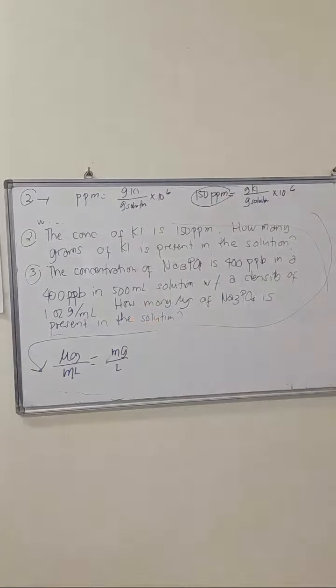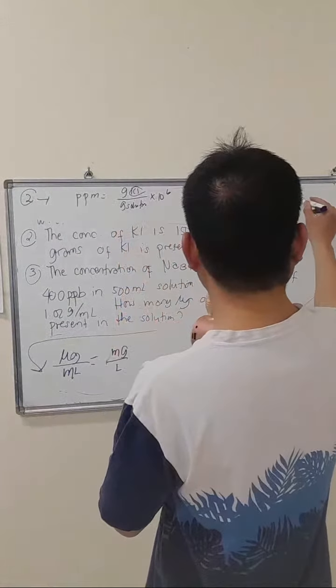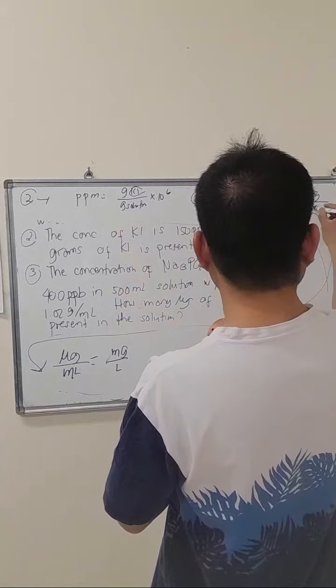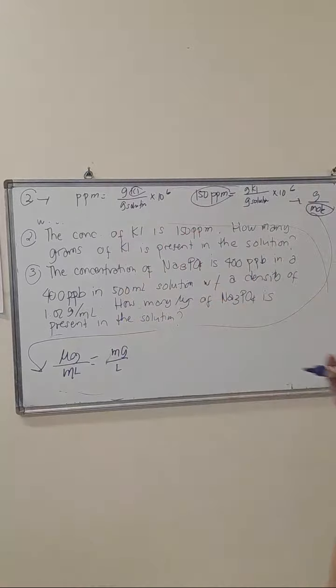We don't have any given, so if we try to compute for the molecular weight, what will appear is grams per mole, and there's no connection because we don't find the mole.